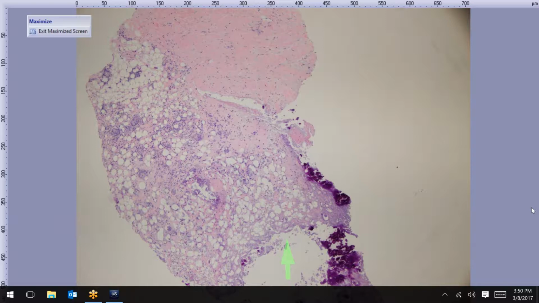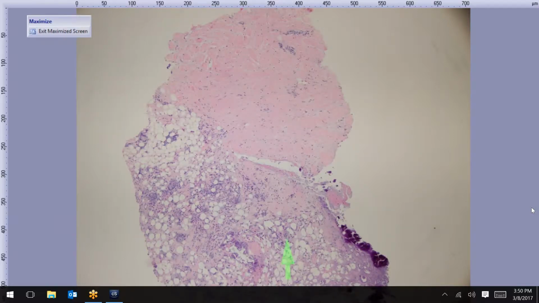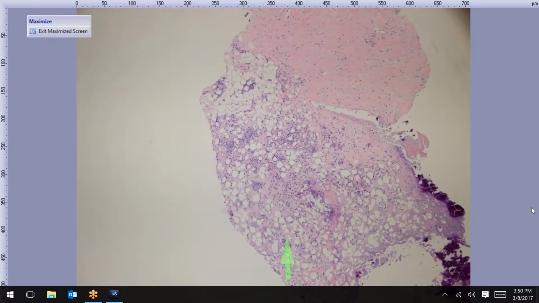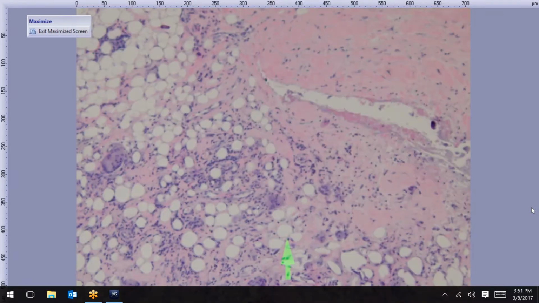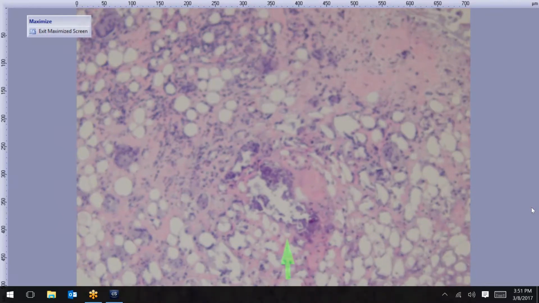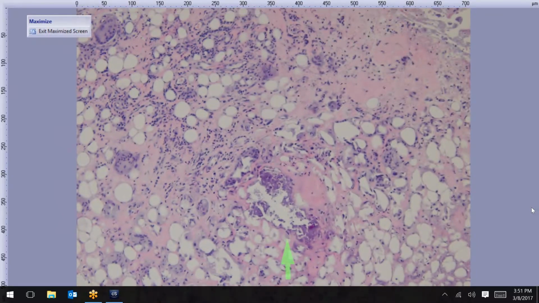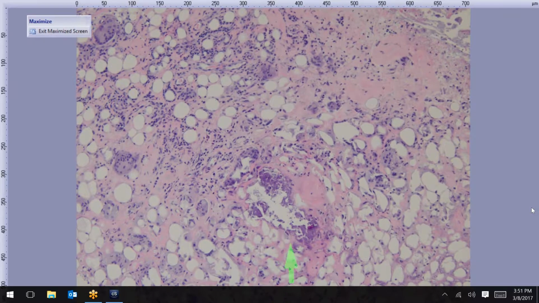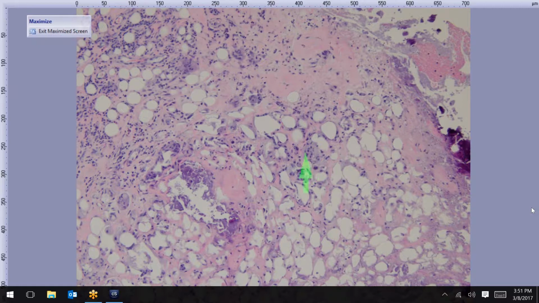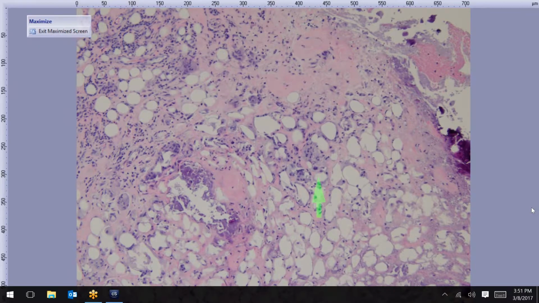Okay, and then what I see really at this power, some inflammation. The lobules look kind of pale, so I suspect there's some necrosis in there. And then lots of calcification. This is all calcified material right in here. And then maybe some multinucleated cells reacting to the necrosis and the calcification.